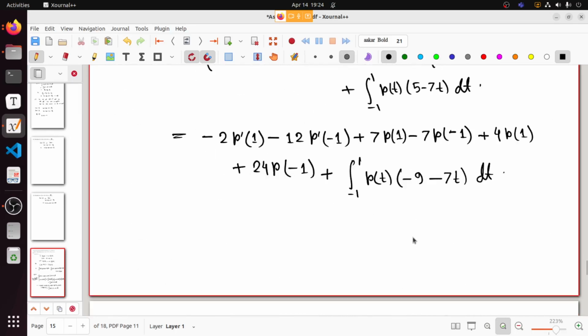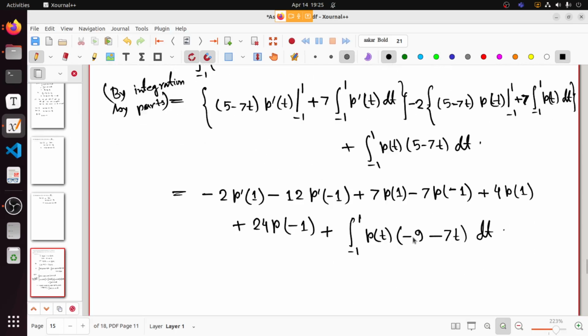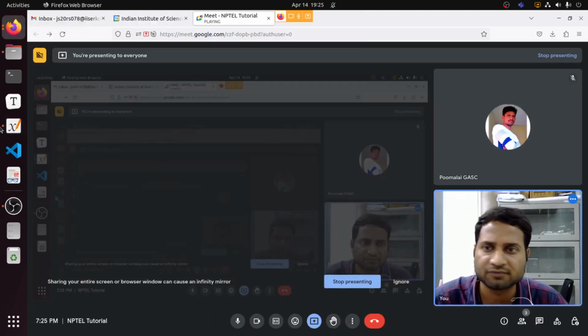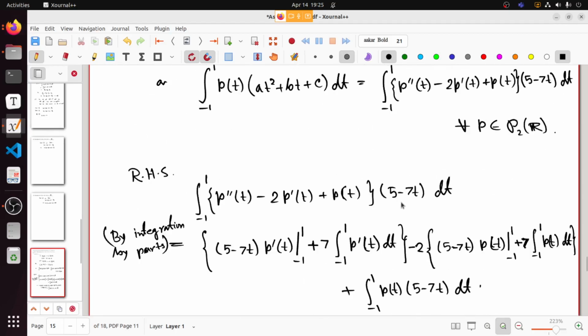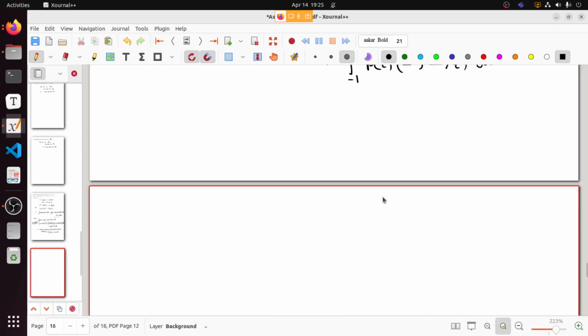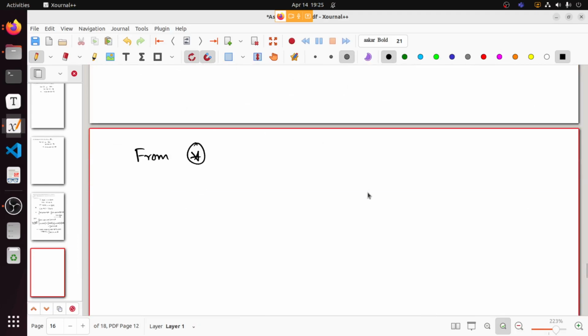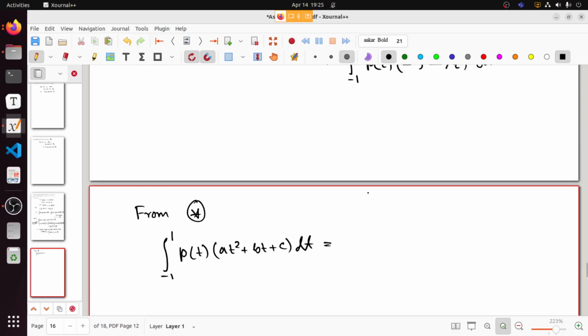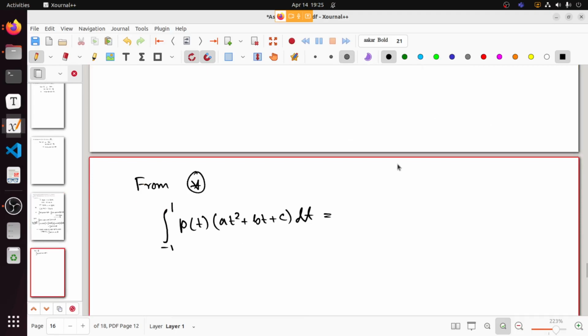So therefore what we will have, so let's call it star. So from star, what we have: the integral from minus 1 to 1 of p(t)(a t square plus bt plus c) dt equals, what is in the right hand side, let me write it.